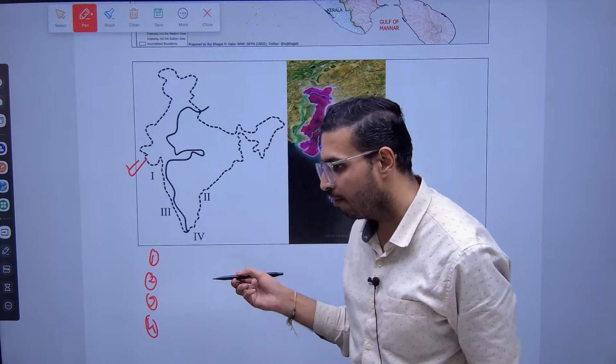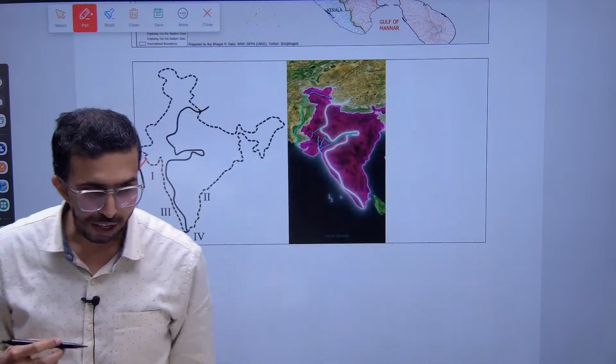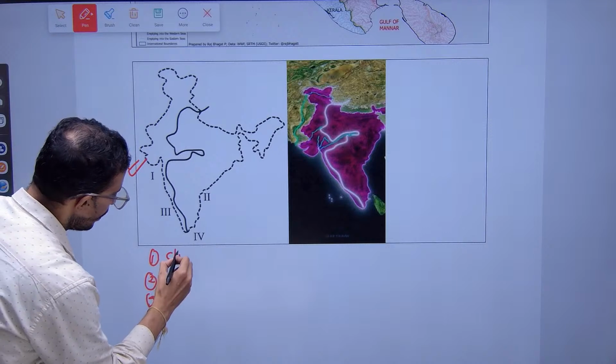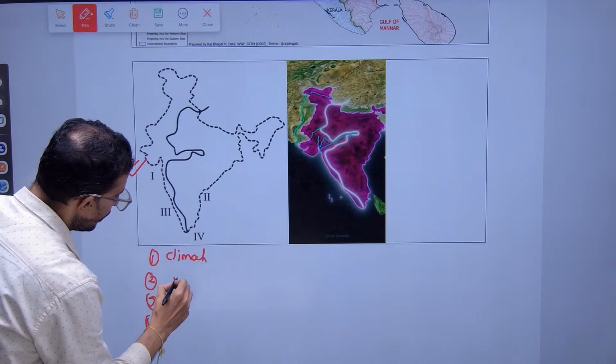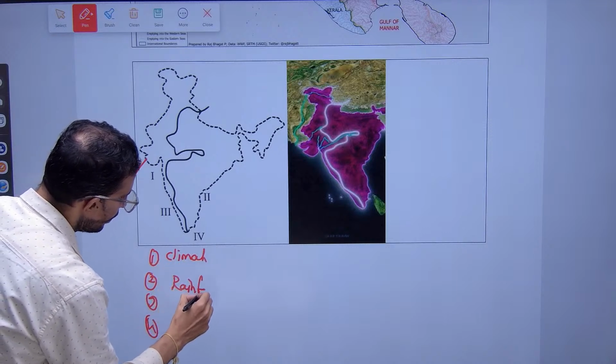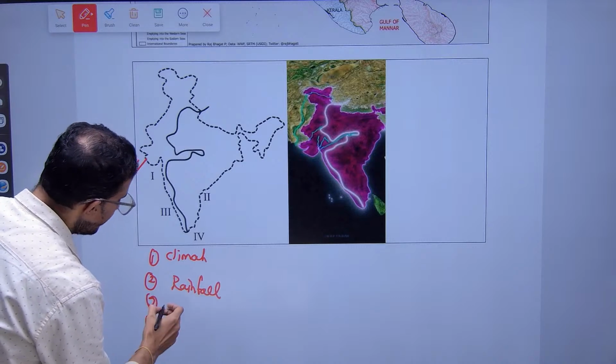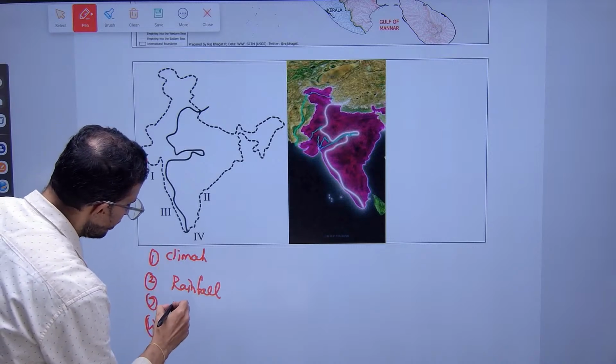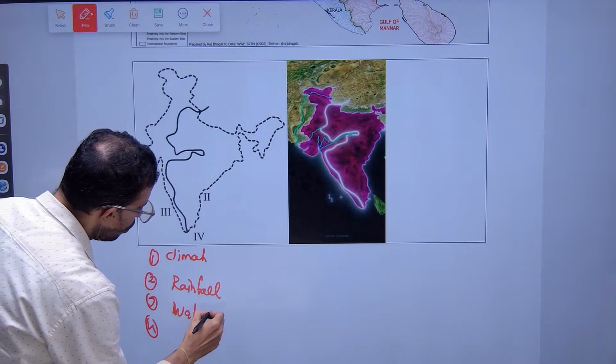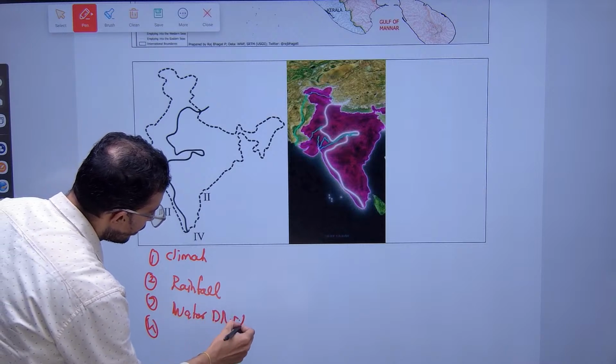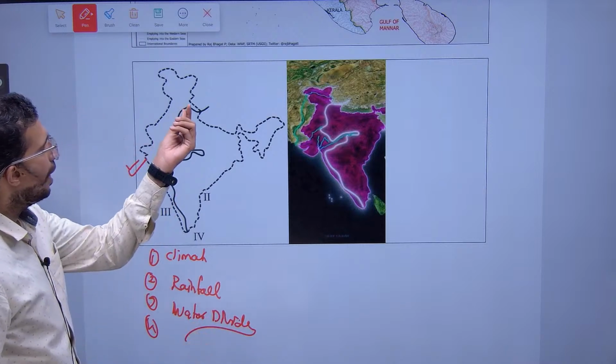The first one is the major climatic zone, the second one is the rainfall pattern, and the third option is the water divide. So we should know the exact mechanism of this water divide.